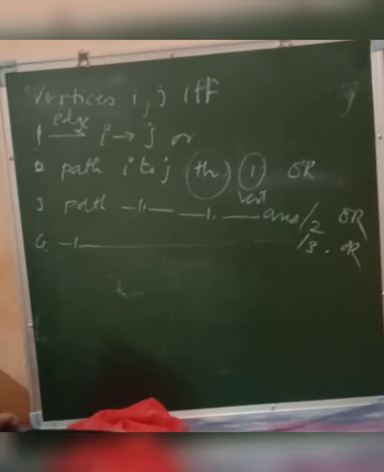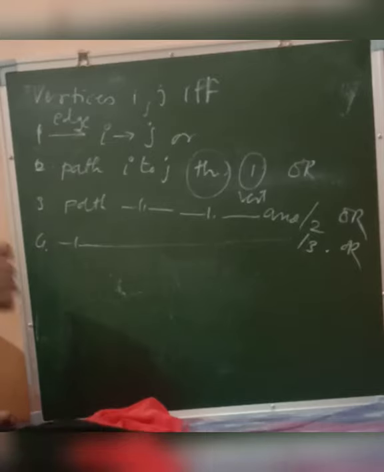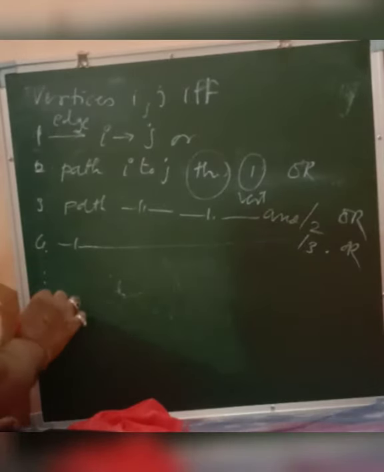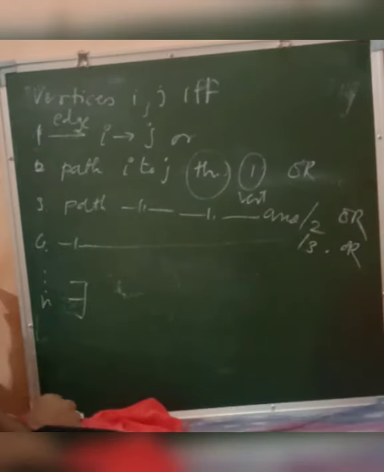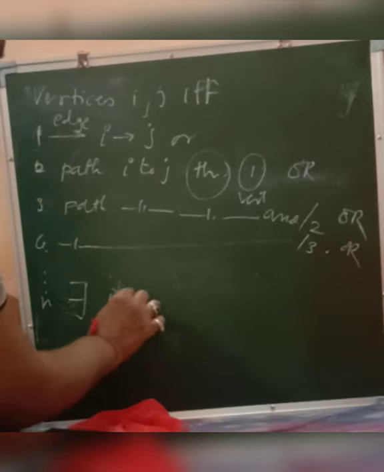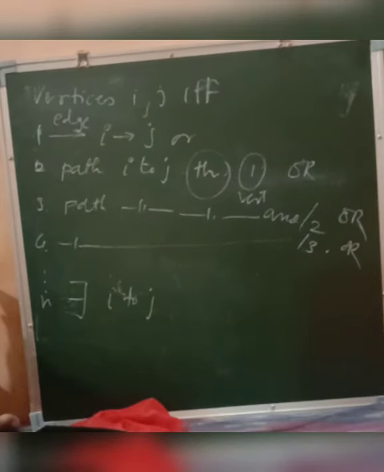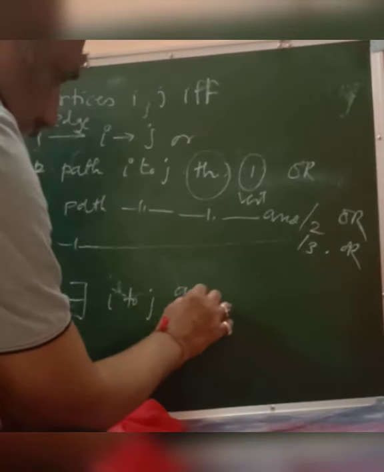So these are the conditions for Warshall's algorithm. The last condition, the nth condition, is that there exists a path from I to J going through any of the vertices.